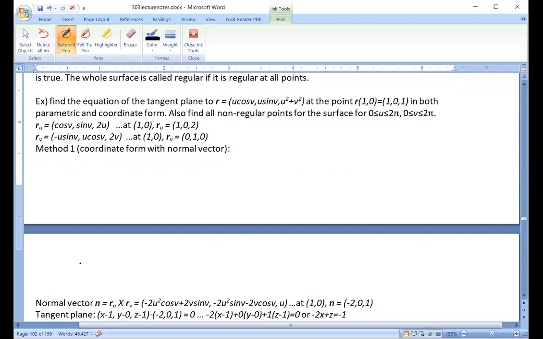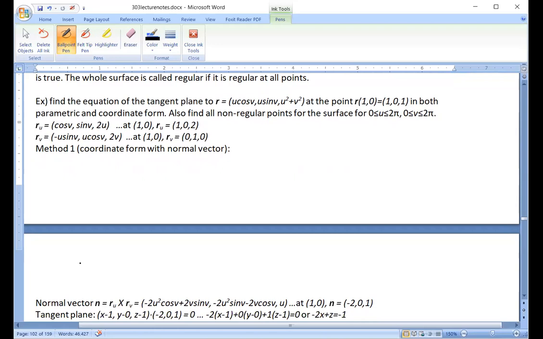So the tangent plane is just, remember that our original point, now we're in xyz coordinates. So the point in xyz coordinates was 1, 0, 1. That was given in the question. So x minus 1, y minus 0, z minus 1, dot the normal vector, negative 2, 0, 1, has got to equal 0.